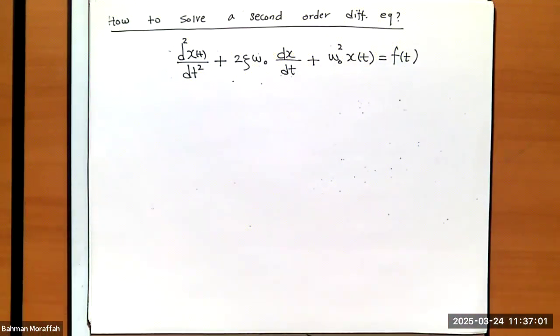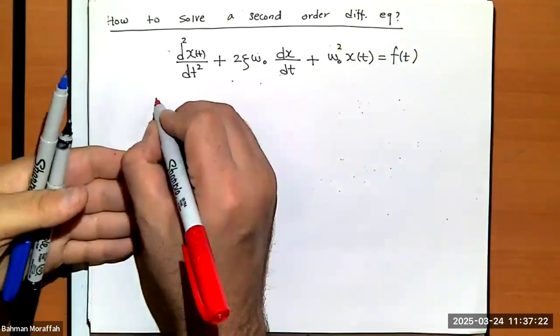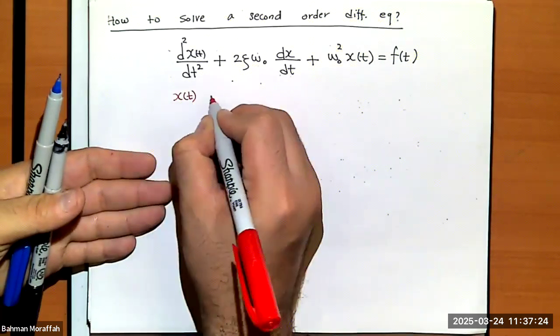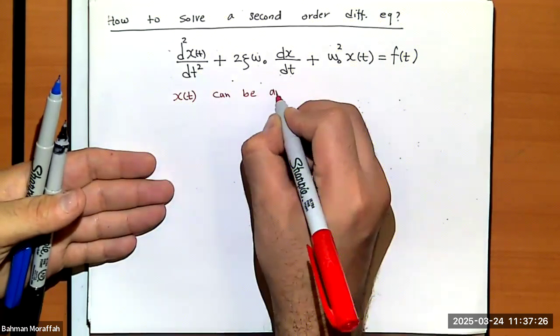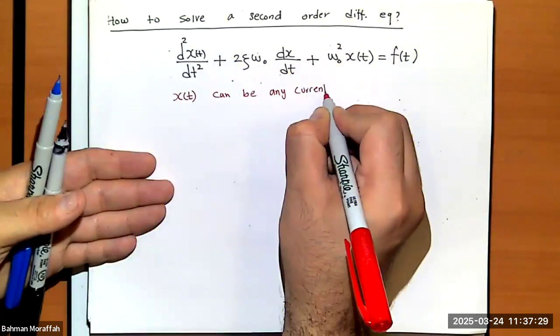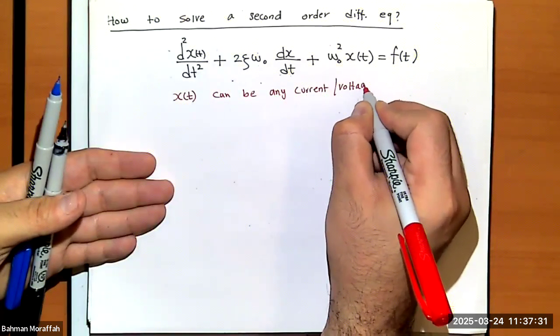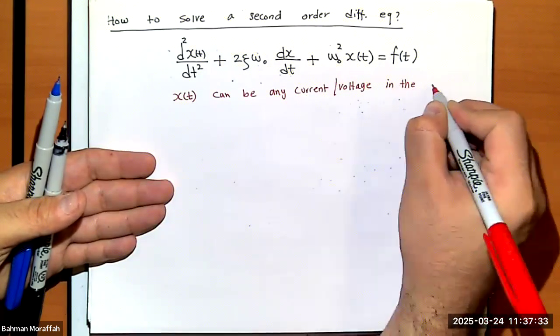And keep that in mind. In this differential equation that we're writing, x of t can be anything in the circuit. Unlike the first order circuits, where x of t must have been v across the capacitor or current through the inductor, in this case, it could be anything. This x of t can be any current or any voltage in the circuit.